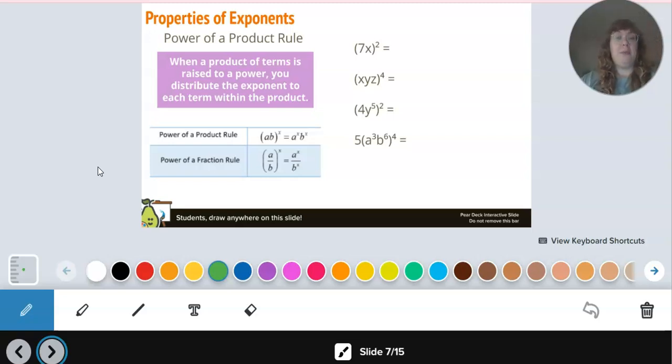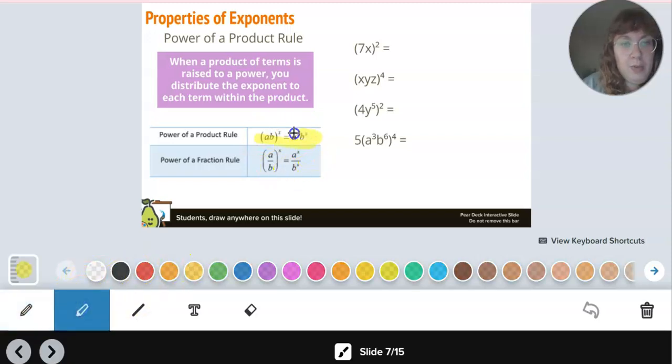We just did a little example of this, so that was perfect. This is a power of a product rule. So we're looking at this rule. If you have multiple terms that are in parentheses, all raised to the same power, we have to distribute the exponent to each term within the product.